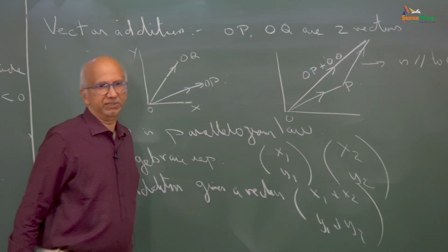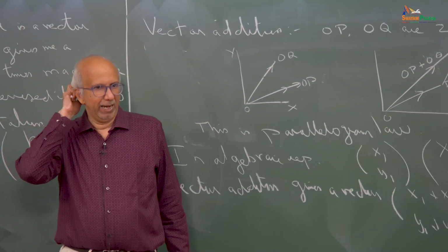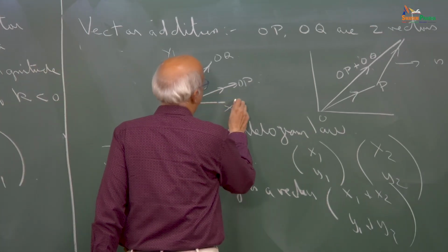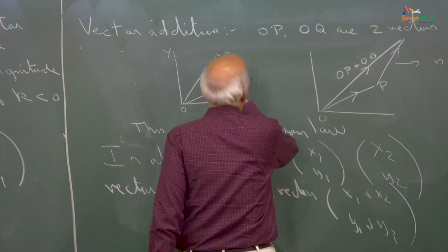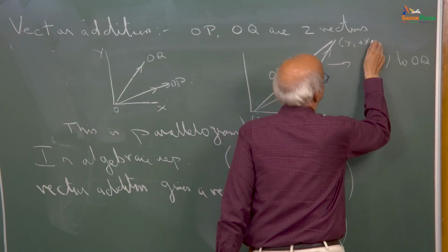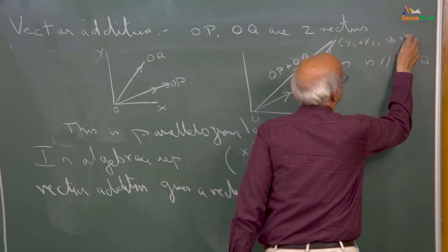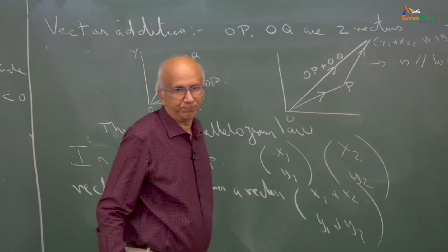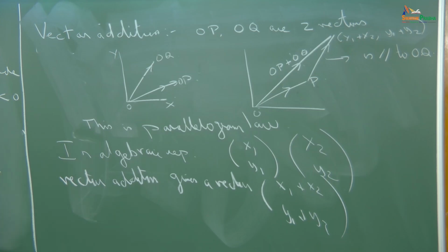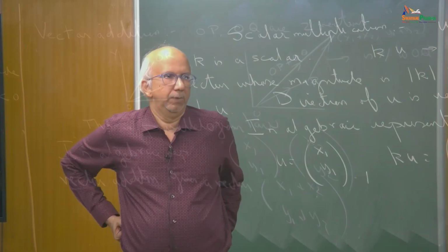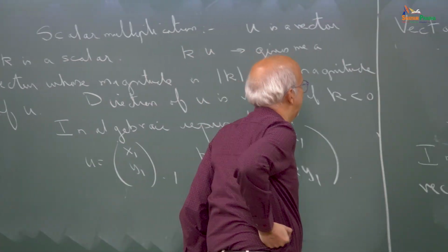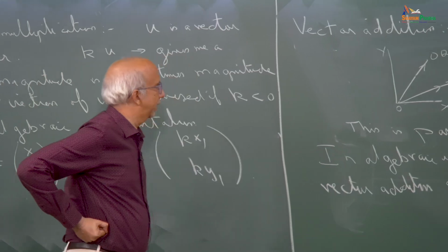These are the new coordinates, and that's easy to see because this distance was x1, this projection is x2, so x1 plus x2 will be here and y1 plus y2 is the y coordinate. These are again things which you are familiar with, and I am just making you recap whatever you have done.